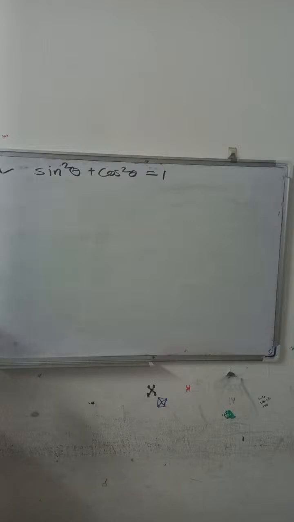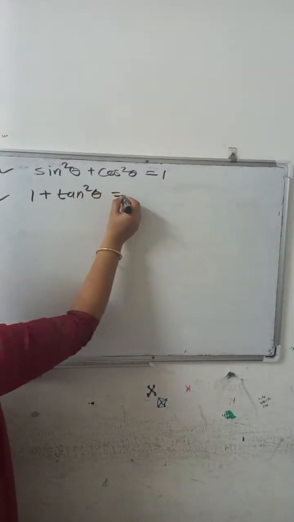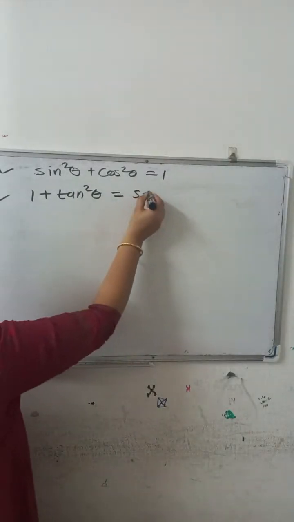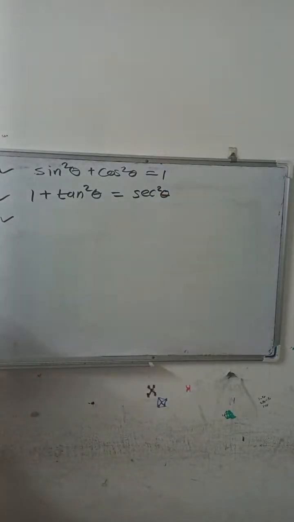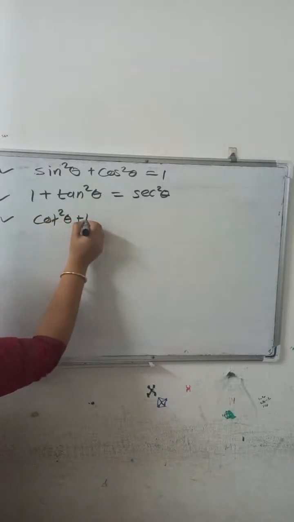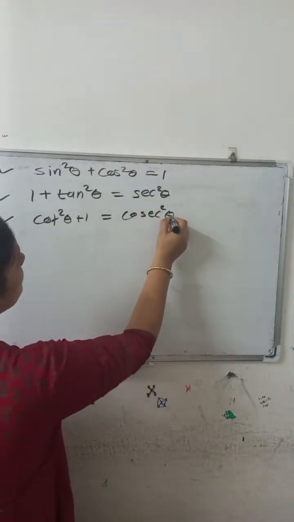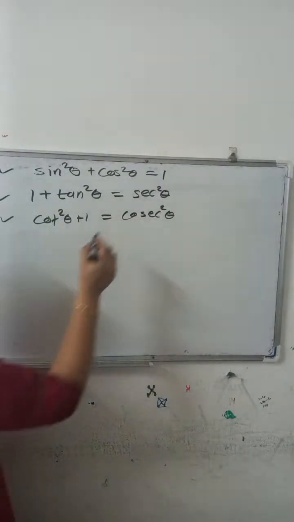After that, 1 plus tan square theta is equal to sec square theta, and then the last identity, cot square theta plus 1 is equal to cosec square theta. So these are the identities we have.